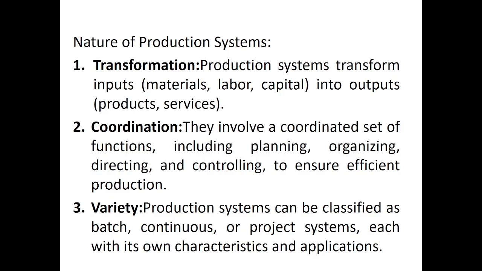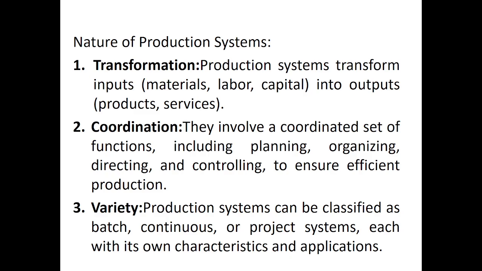The next point is nature of production system में coordination. Coordination is one of the most important factors. What is that? They involve a coordinated set of functions including planning, organizing, directing and controlling to ensure efficient production.